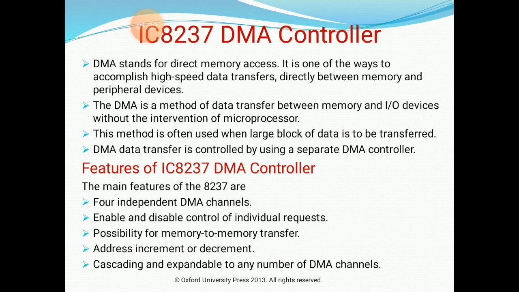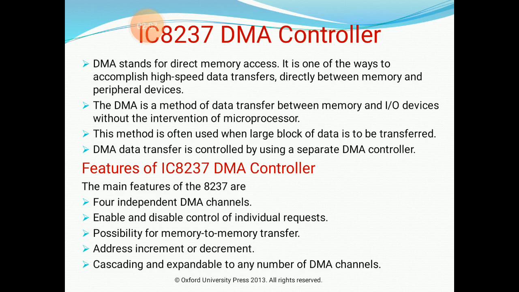It is one of the ways to accomplish high-speed data transfer directly between memory and peripheral devices. The DMA is a method of data transfer between memory and I/O devices without involvement of the microprocessor. This method is used when a large block of data is to be transferred. A separate device used to perform DMA data transfer is called a DMA controller.